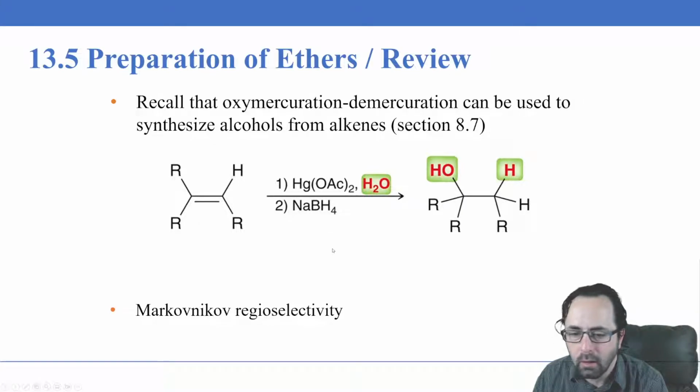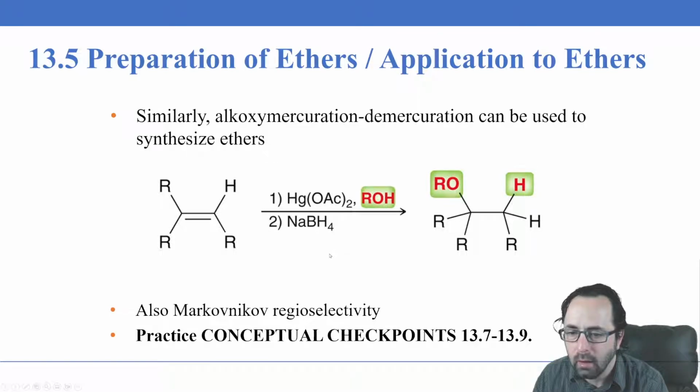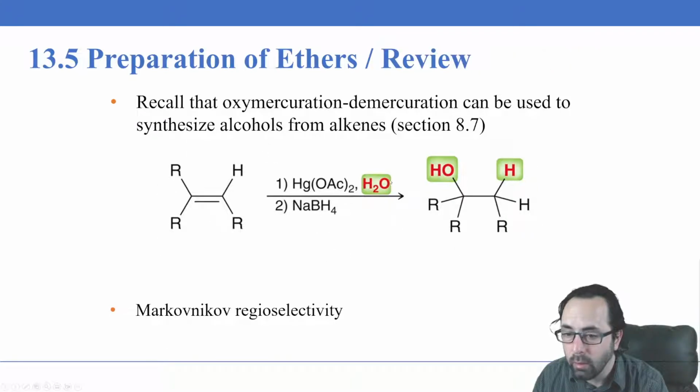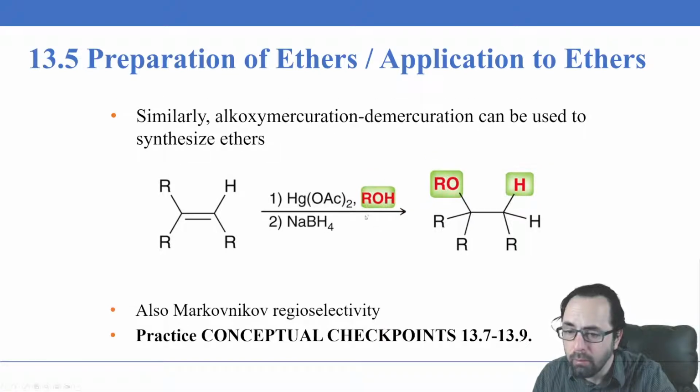Likewise, if we use not water here but instead an alcohol, we can make an ether. It's the same reaction, same mechanism, just instead of water doing the nucleophilic attack, it's going to be an alcohol. And we talked about that in chapter 8 as well.